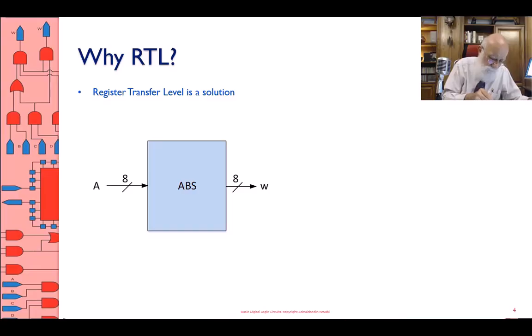I said, look at the leftmost bit of A, this one, sign bit. If it's 0, let it go through as is. If it's 1, then don't let that go through, let something else go through.